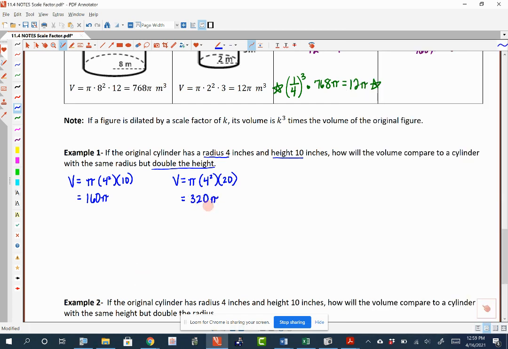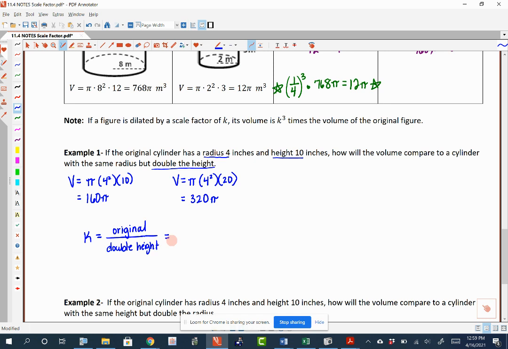So how will the volume compare to a cylinder with the same radius, but we've doubled the height? So we've kind of looked a little bit at stuff like this. If I want to find a scale factor, how much has it really changed? Then I need to take that original and compare it to that doubled height, because that's going to tell me how much it's changed.